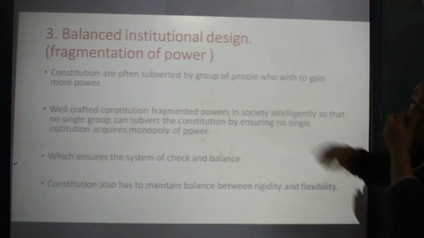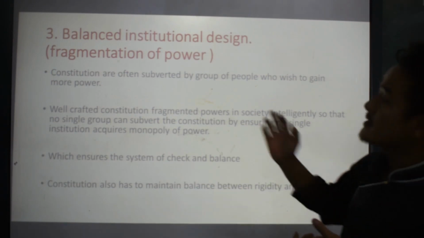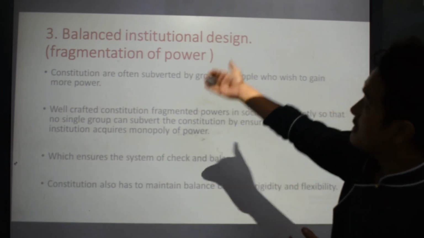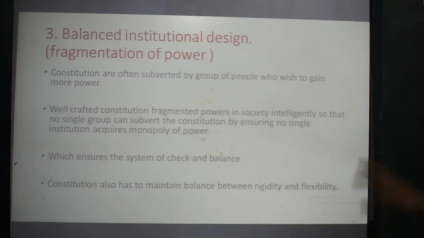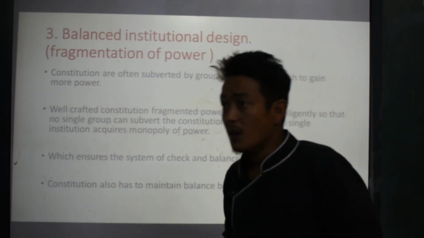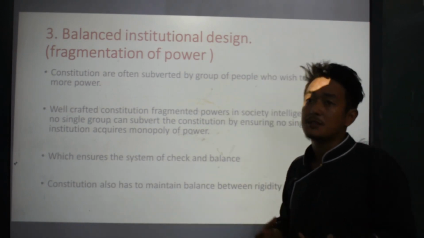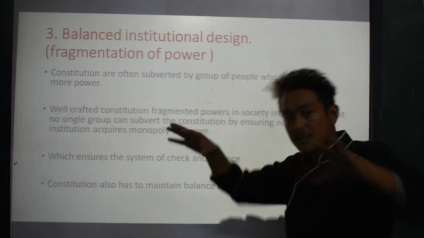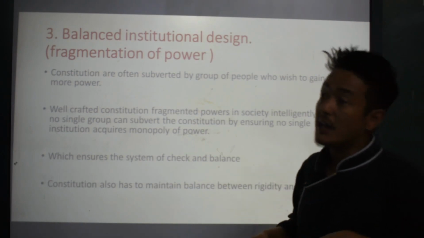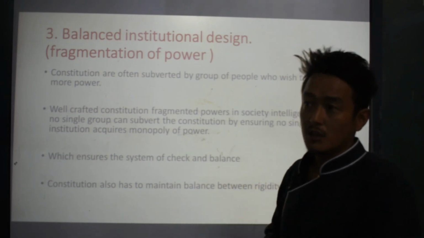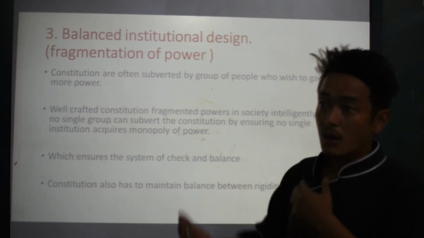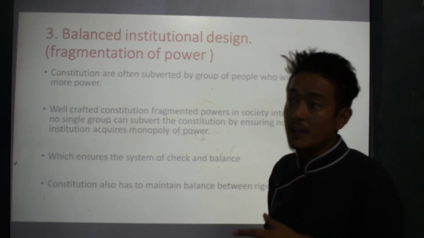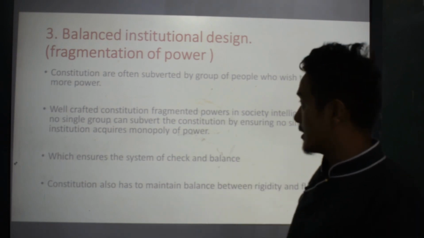Now, the last factor for the effectiveness of the constitution is balanced institutional design. What happens throughout history is that many groups in various countries have tried to subvert the constitution for the sake of their own power, to enrich their own power.